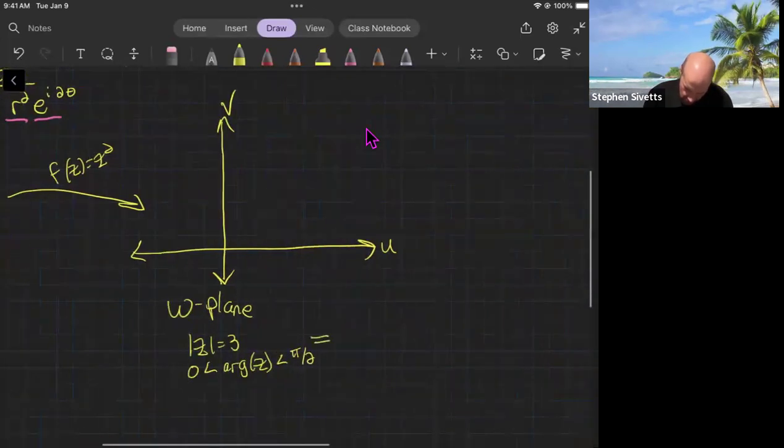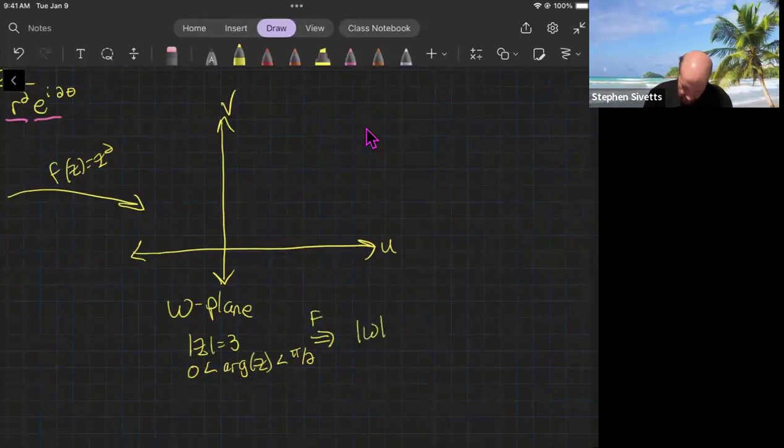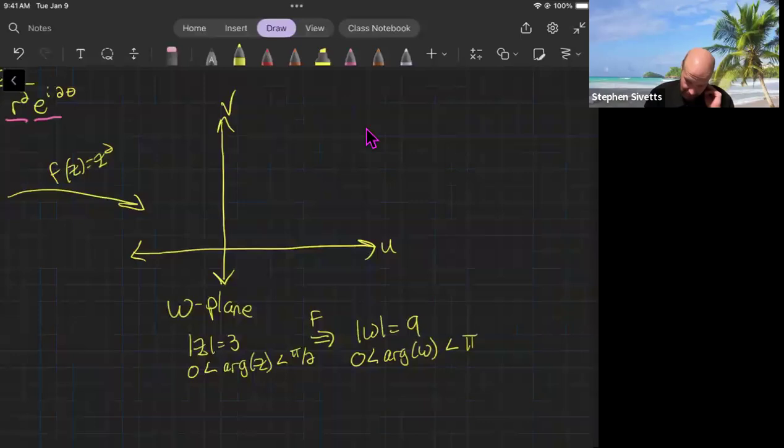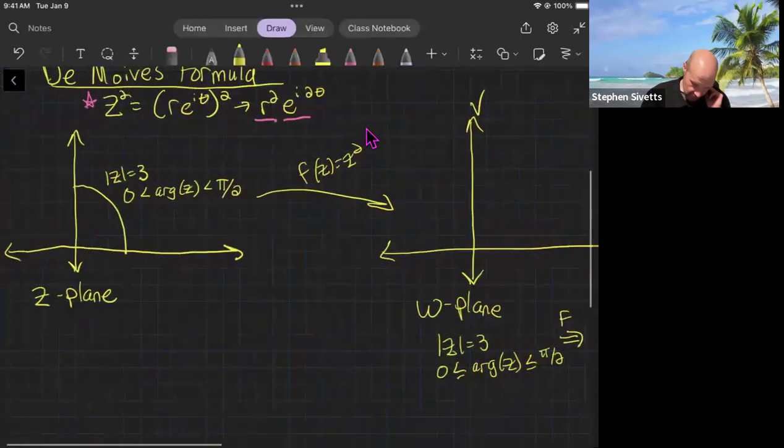So under f, the modulus of w is 9, and the argument of the complex number w is between 0 and pi.